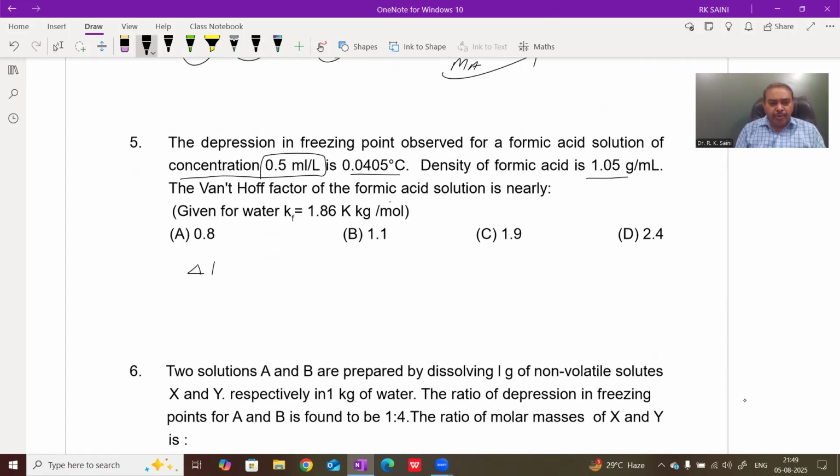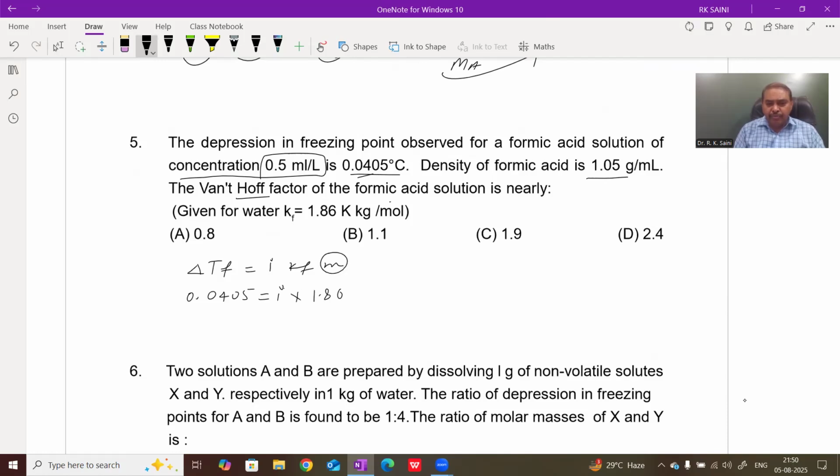According to colligative properties, we know that depression in freezing point equals i Kf into m. Depression in freezing point is given, 0.0405. I is required, the Van't Hoff factor. Kf is given, 1.86.